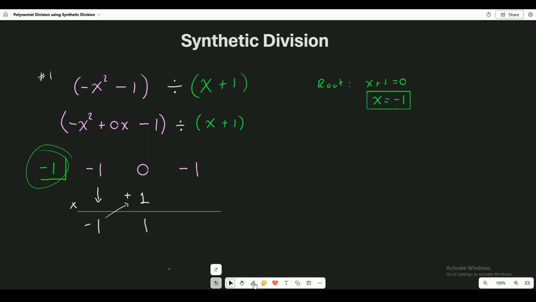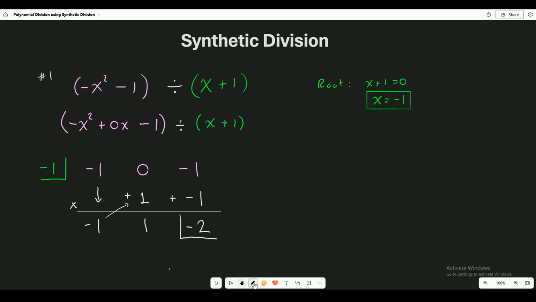We're going to multiply it again by the next one, which is this one right here. So negative 1 times 1 is negative 1. And we're going to add them. So what's negative 1 plus negative 1? We get negative 2. And we don't have anything else, so we stop there. Just like that. And we're done.